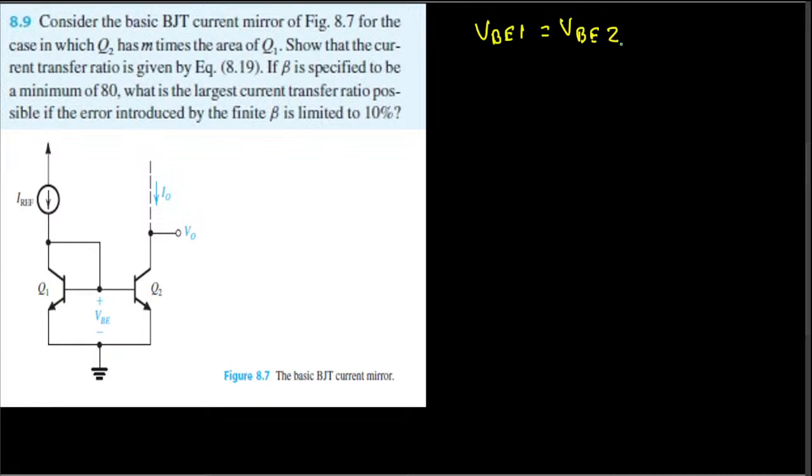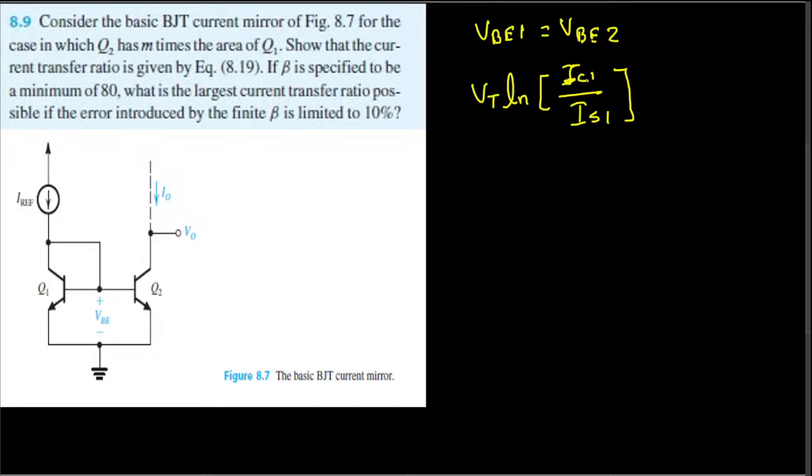And for the VBE, we derived an expression that is VT ln of IC1 over IS. This is for the first one, so I call this one IS1 as well.